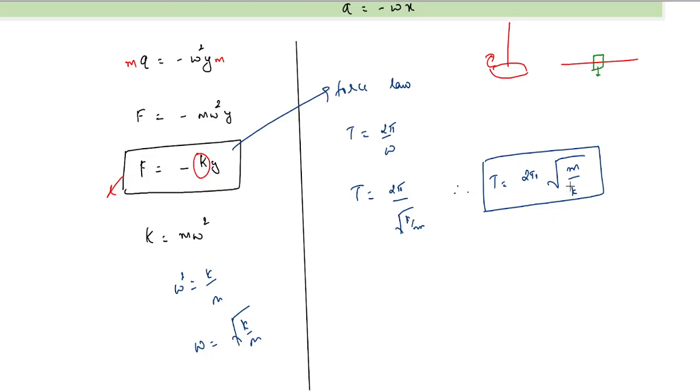The k would change. So the form of k would change based on the conditions, but for any general motion the time period is given by 2 pi under root of m by k. Frequency is equal to 1 by time period, that will be 1 by 2 pi under root of k by m. So this is the frequency for simple harmonic motion.